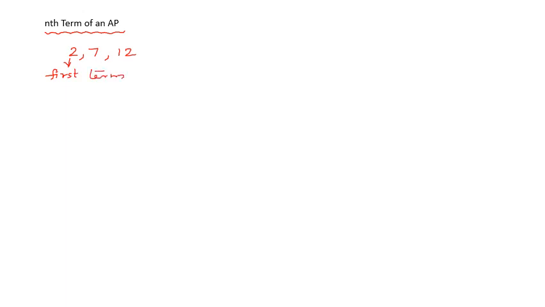Here we call 2 the first term, and 7 is the second term. Now, how do you find the next term? By finding the common difference. How do you find the common difference?